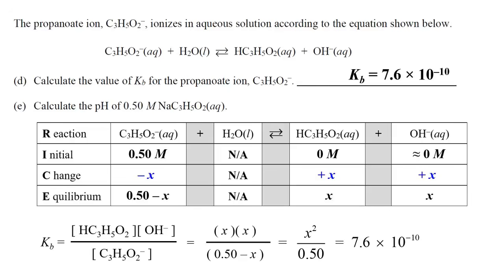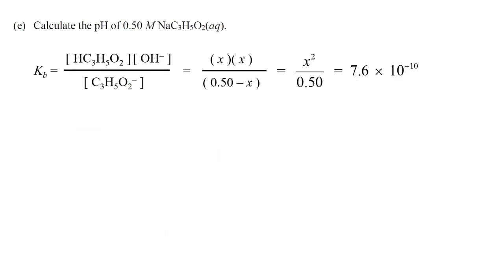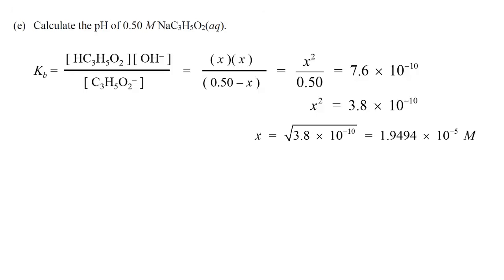So I have x squared divided by 0.50, and that is equal to the Kb, 7.6 times 10 to the negative 10. I'm going to go ahead and multiply both sides of this equation by 0.5. Now I get x squared is equal to 3.8 times 10 to the negative 10. Here comes my square root.